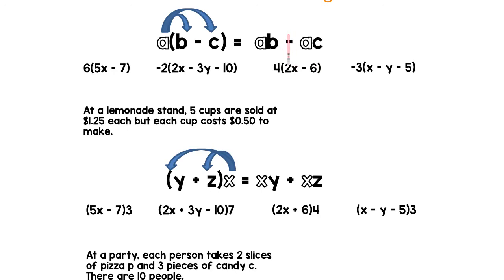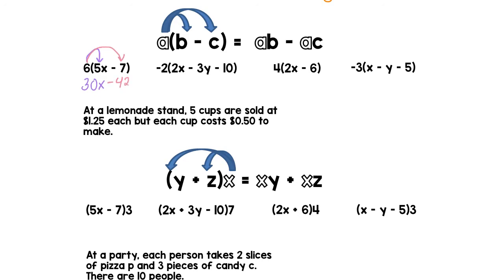We just have to be wary of our signs. So let's do this first one. 6 times 5x, and that's 30x. And then 6 times -7 is -42.